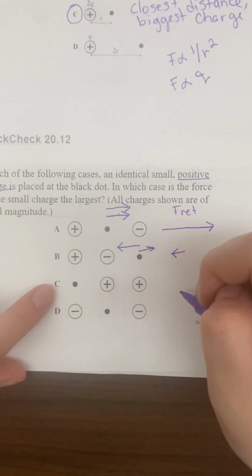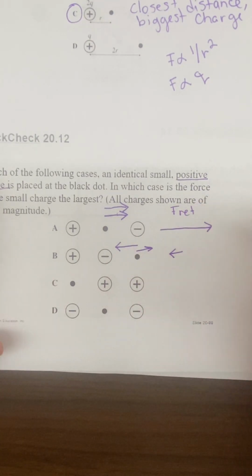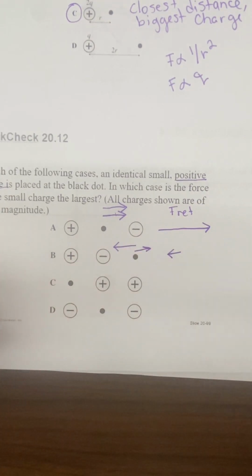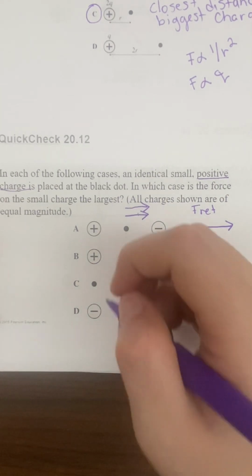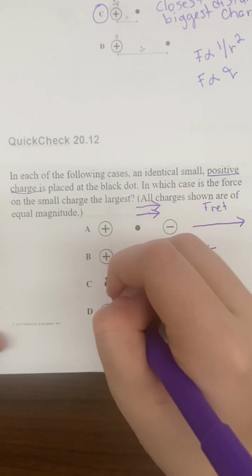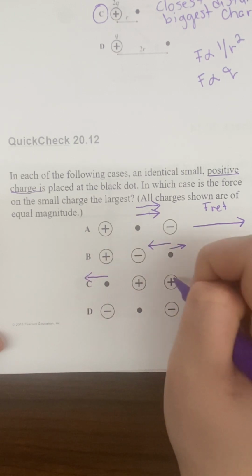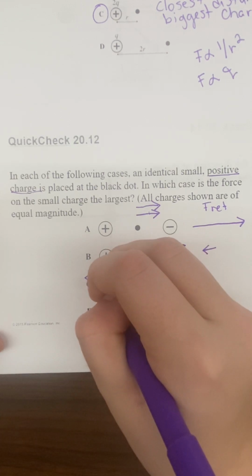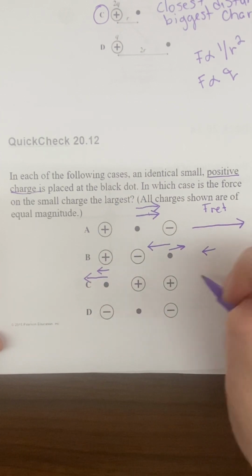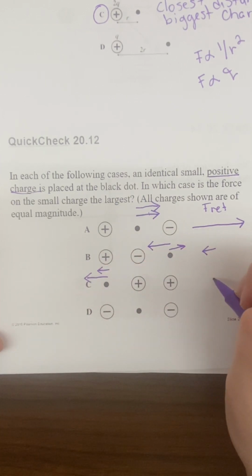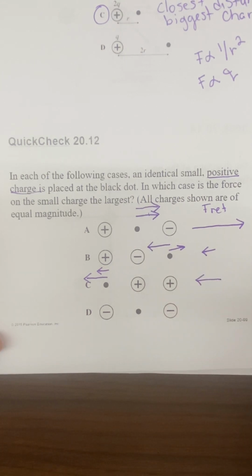Okay, for C, again, this is positive, so it's going to feel a repulsive force from this one and a repulsive force from this one. But this one's farther away, so the repulsive force is going to be a little less. And then if we add these two vectors up, our F net maybe is this size.